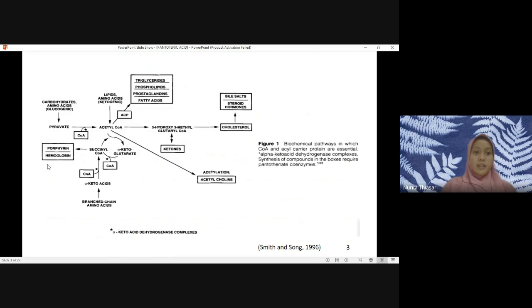And then in this pathway below, the acetyl-CoA will be converted into alpha-ketoglutarate, and then the alpha-ketoglutarate will be converted into succinyl coenzyme A by the coenzyme A. Also from here, the branched-chain amino acids will become the alpha-keto acid, with the addition of coenzyme A, to become succinyl coenzyme A. This succinyl coenzyme A will become the hemoglobin or porphyrin.